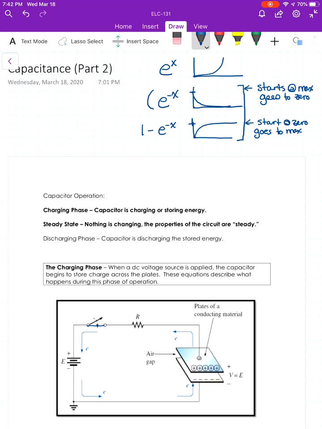However, if we multiplied it by, for instance, a maximum voltage, well, that means that for e to the minus x, we would start at that maximum voltage and then go to 0 over time. This x-axis is describing a time relationship. So here starting at 0 seconds and here at infinity, or as many seconds as you're describing there.